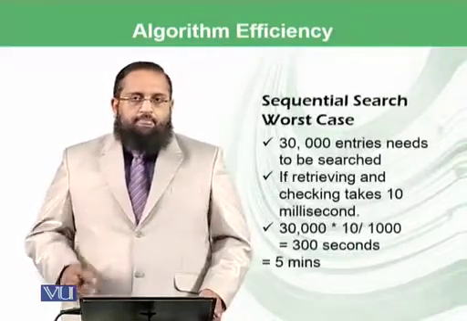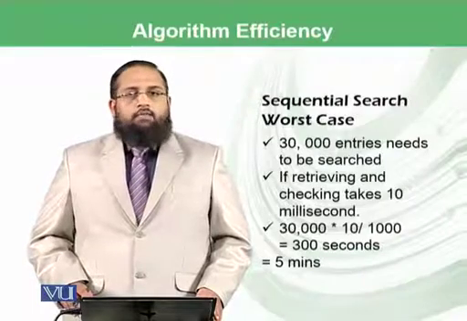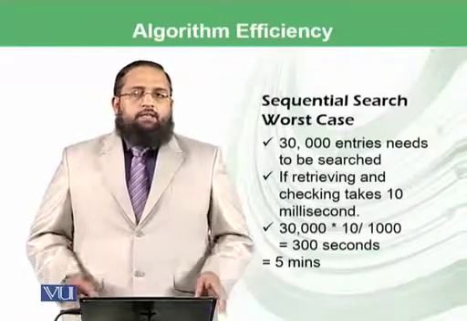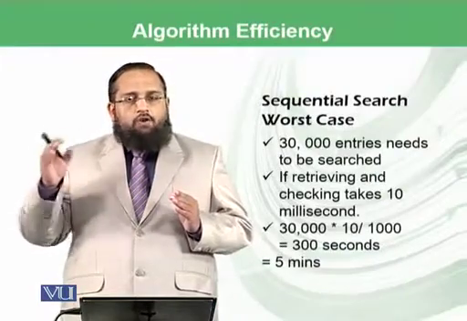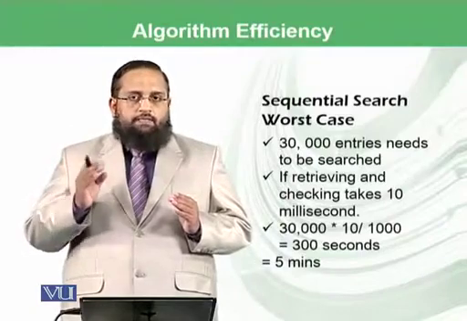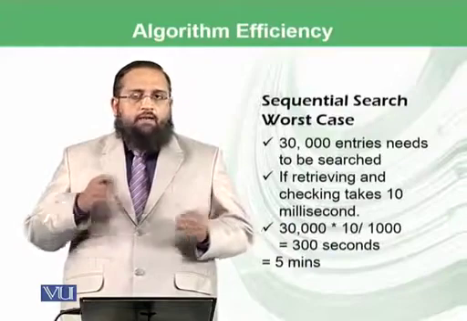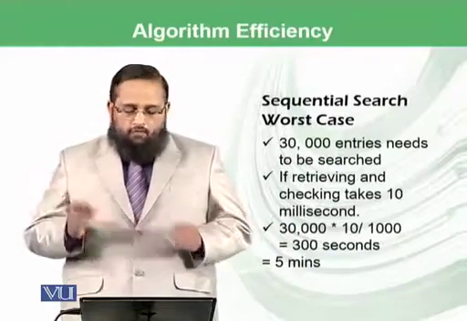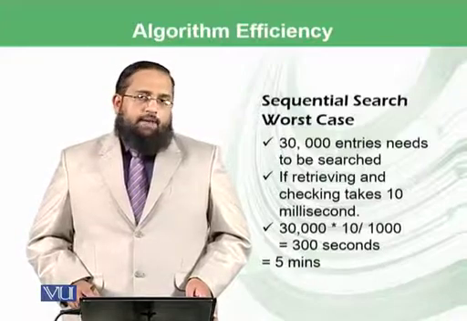So let's see if we use the sequential search algorithm on this data, and suppose the required student is lying at the last of the list. This algorithm will start searching from the first node until it reaches the end, and it will require 30,000 comparisons.